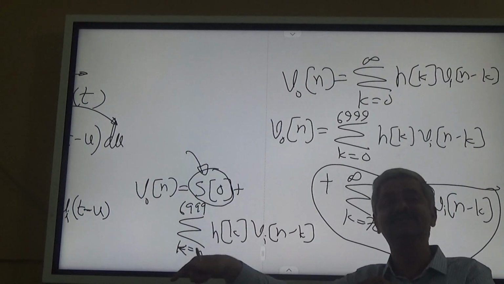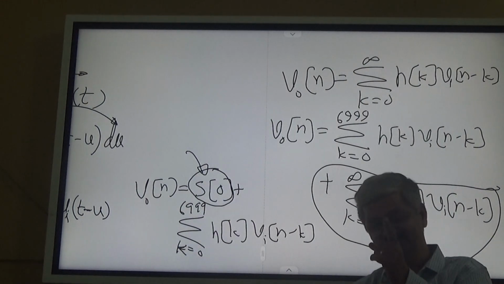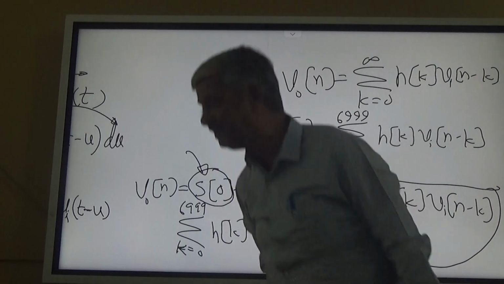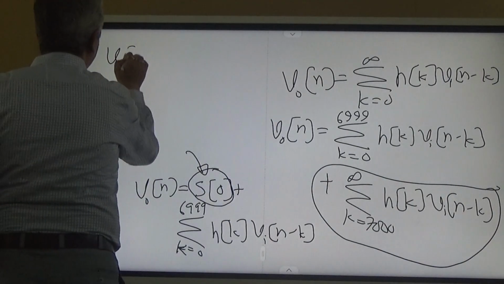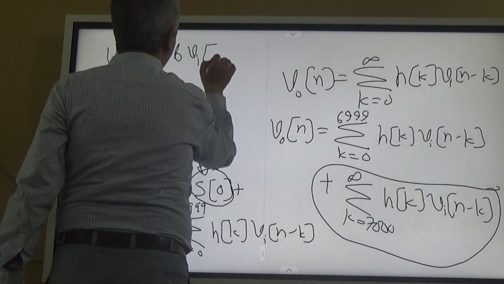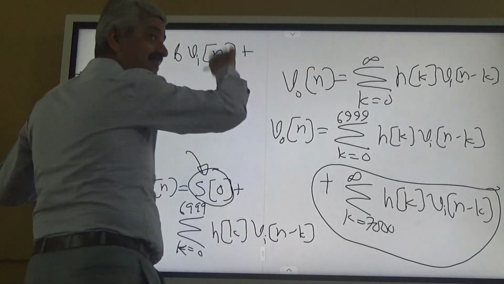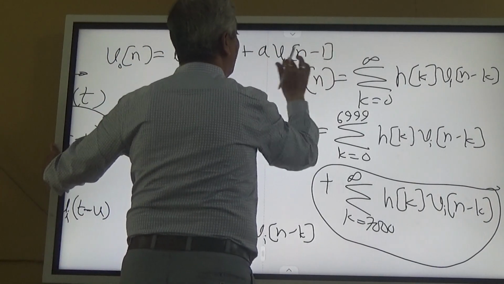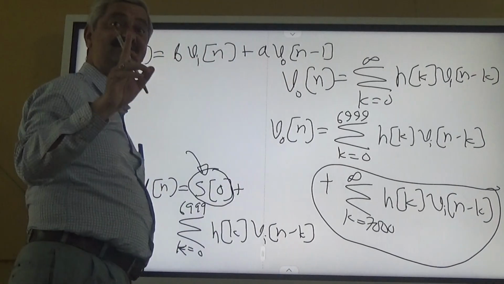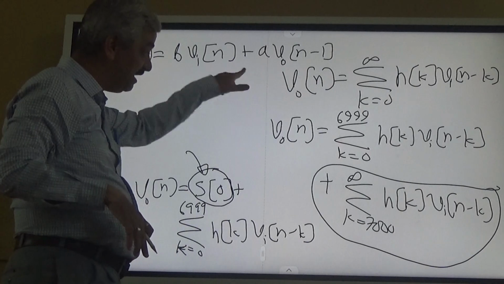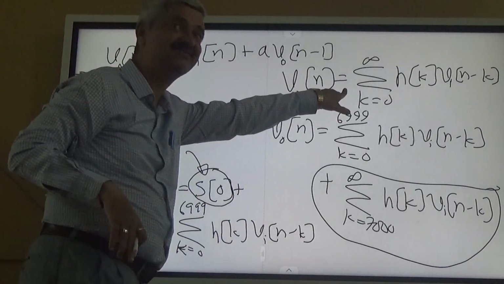Do you recollect how we started this? VON is equal to something into Vin n plus some other thing into VO n minus 1. That was simple; from that we entered this very complex form.